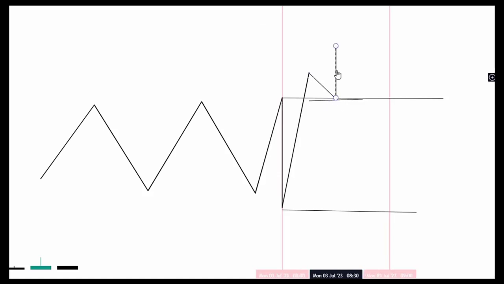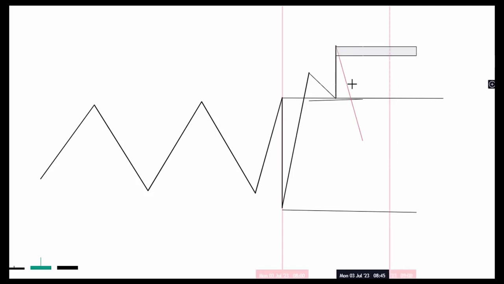Then the next thing to look for is a displacement that takes out this low. So once you get a displacement that takes out this major low or major swing point on the chart, all you need to do is enter your trade on the extreme fair value gap that you get at this point.